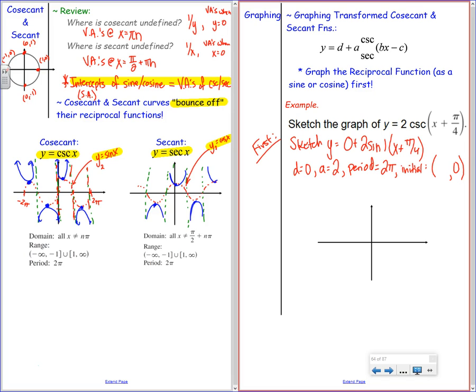Yeah, it's at y equals d. So I stole the d for the y, but what's the x? C over b. But wait, careful, isn't it minus c over b? Yes. So it's not pi over 4, it's negative pi over 4. Is that good? Shift it to the left, right? Plus we shift to the left. Okay. So then I'm going to go ahead and put all this together to get my sine curve.